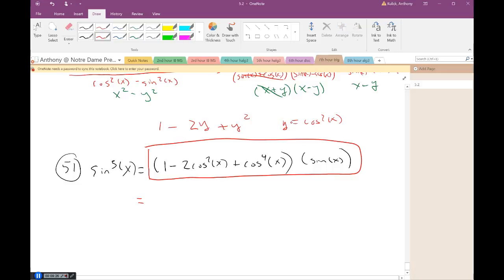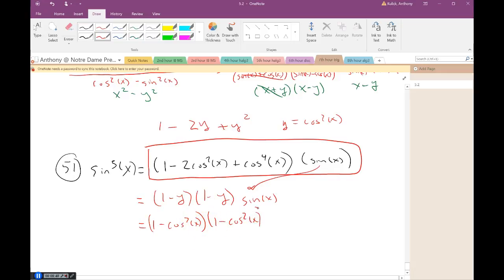Okay. So if that factors, that's going to give me basically 1 minus y times 1 minus y. And then I still have that sine x coming down. And y is cosine squared x, we said.